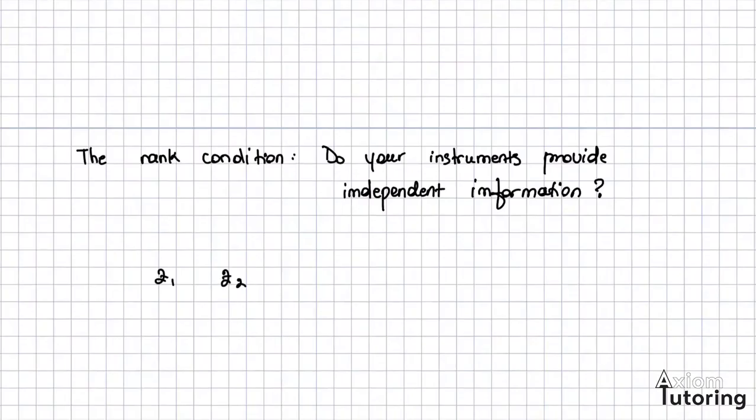The order condition is satisfied, okay, because let's say that you had one endogenous variable, X, but now suppose that Z1 and Z2 are perfectly correlated. So let's say the correlation between Z1 and Z2 as variables is exactly 1. So they move together in exactly the same way.